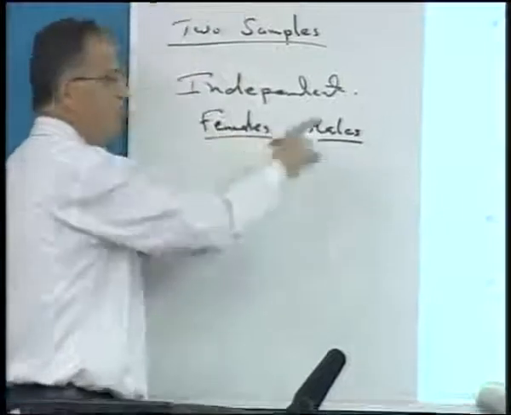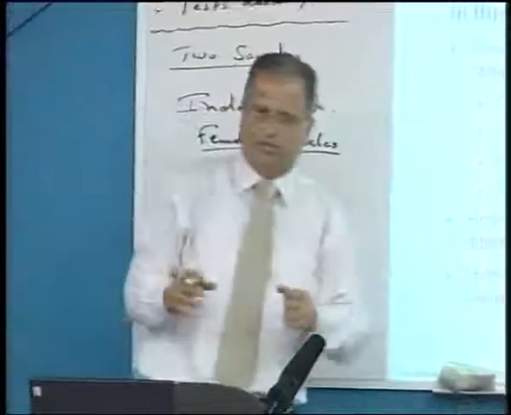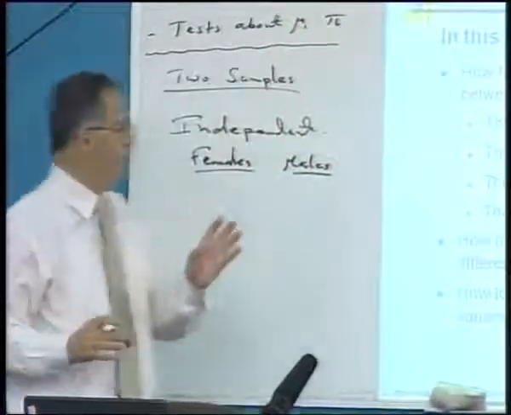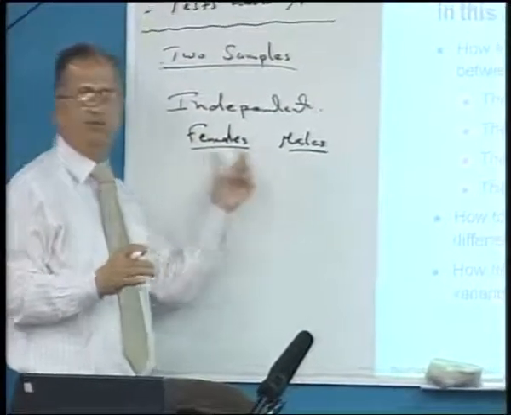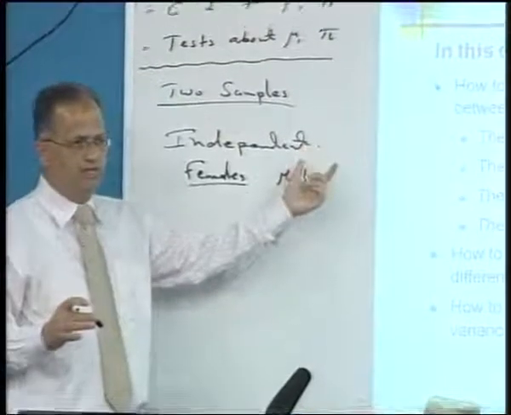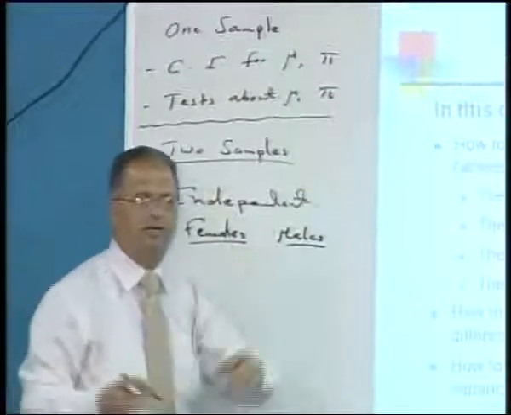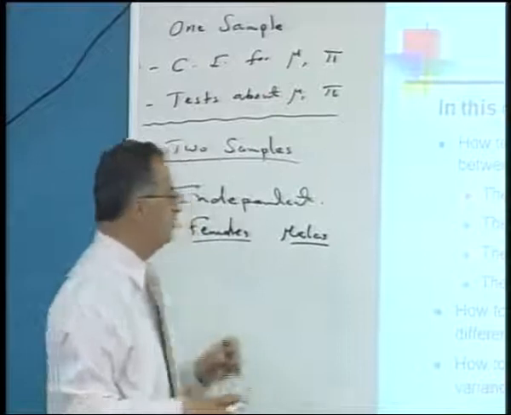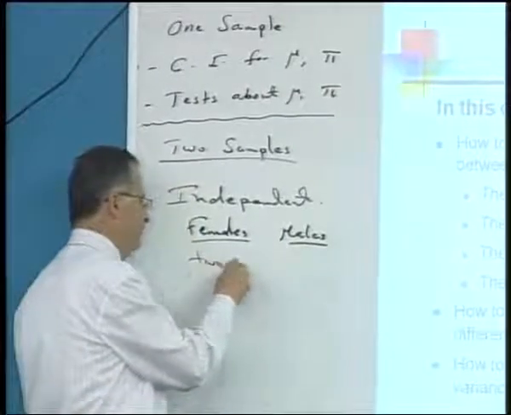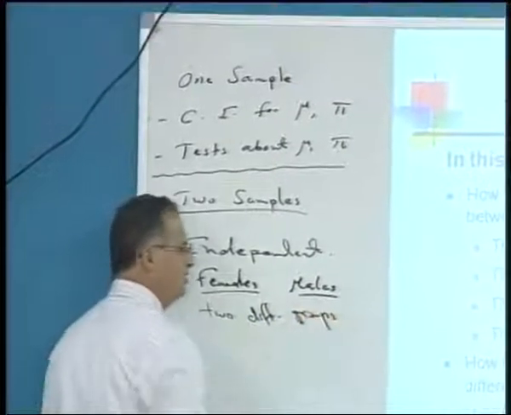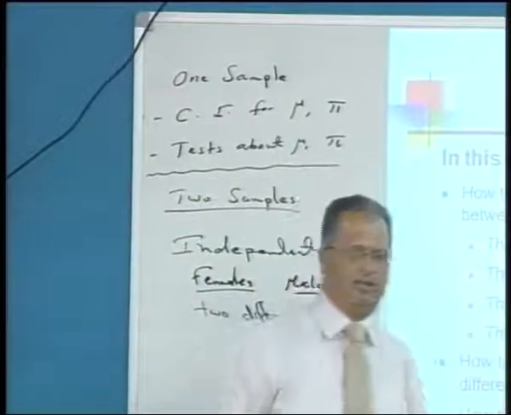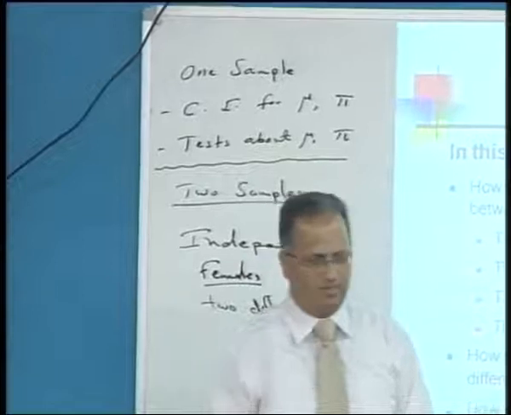Here the two groups or the two samples are independent because the student scores for females do not affect the scores for males. For this reason, they are independent. Since we have two different groups or two different samples, we have independent populations or independent samples.